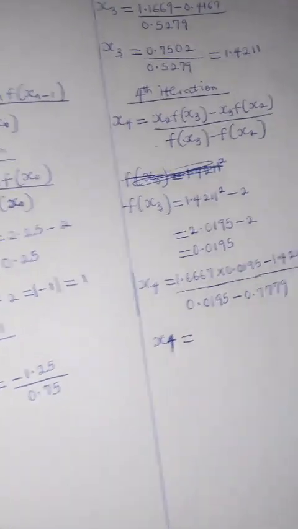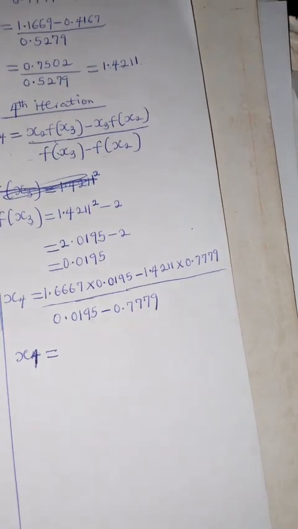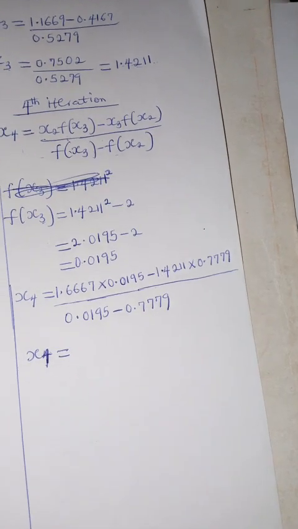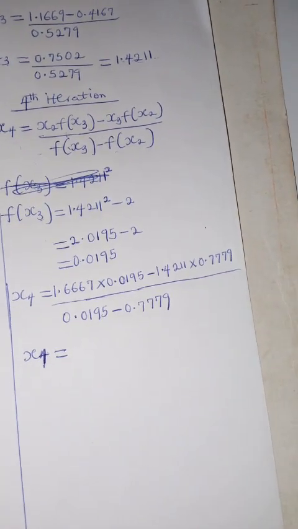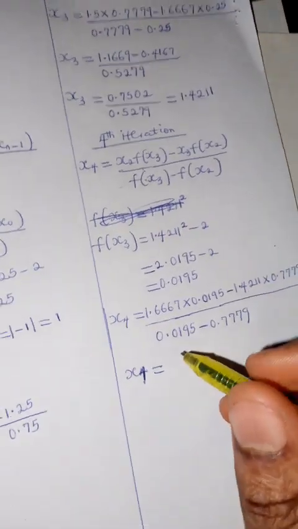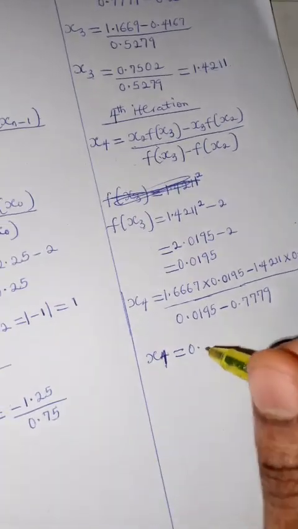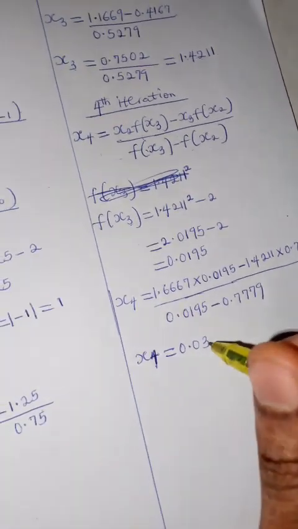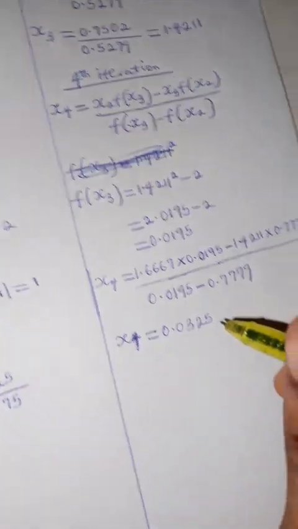If we solve this, our x4 will give us 1.6667 times 0.0195. This will give us 0.0325. If we multiply this, 1.67 times this will give us this, minus, we're going to multiply 1.4211 times 0.7779.